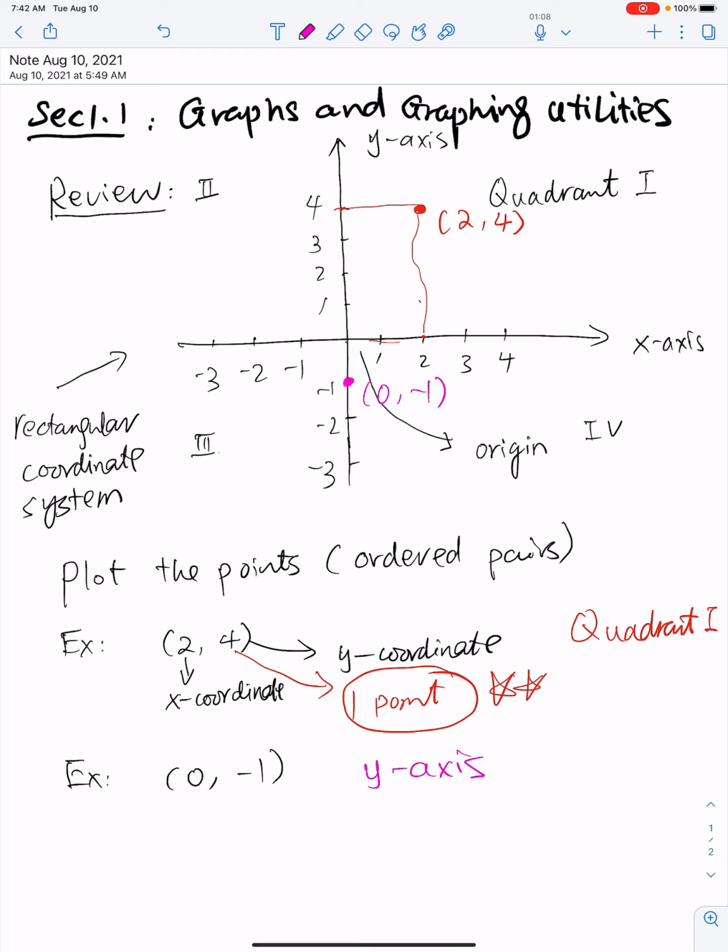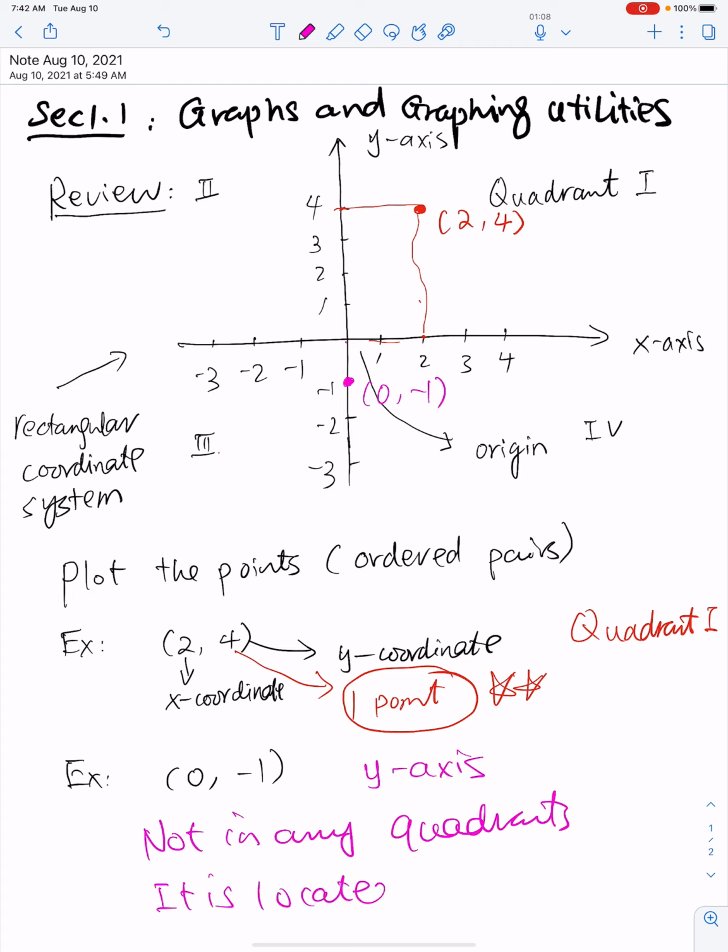Is this in quadrant 3 or quadrant 4? Actually, this one is not in any quadrant. It is located on the y-axis. This is one common error for the concept.